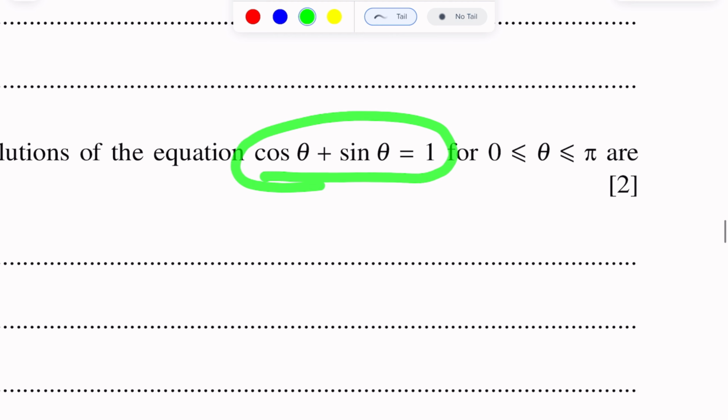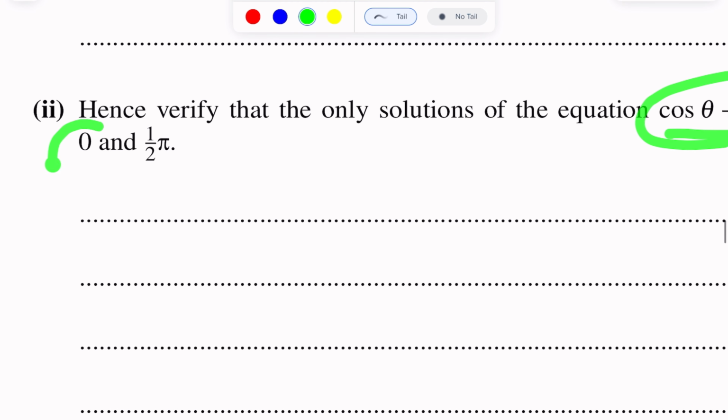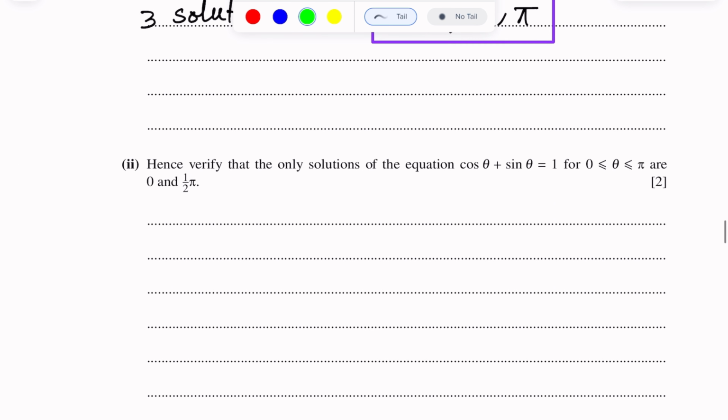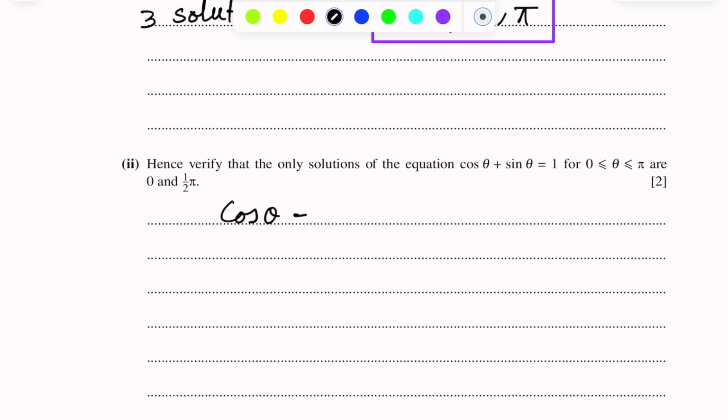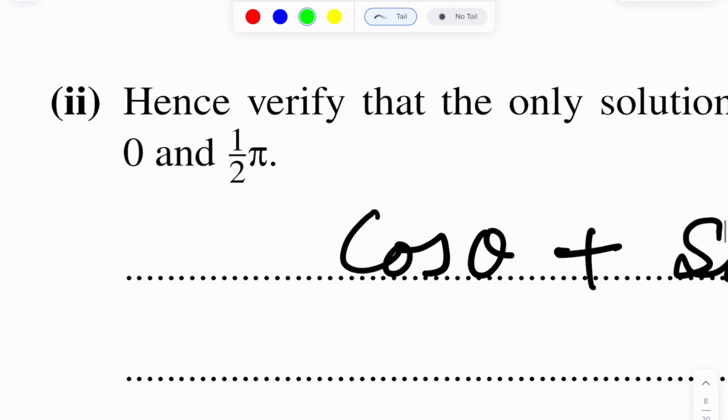In this interval this equation has only two solutions, 0 and pi by 2. We have to verify this. So first we write the equation cos theta plus sin theta is equal to 1. Now these are the solutions we have to verify, 0 and pi by 2.